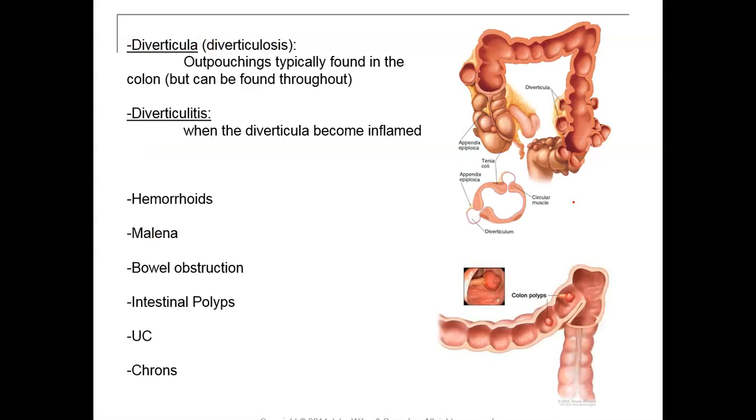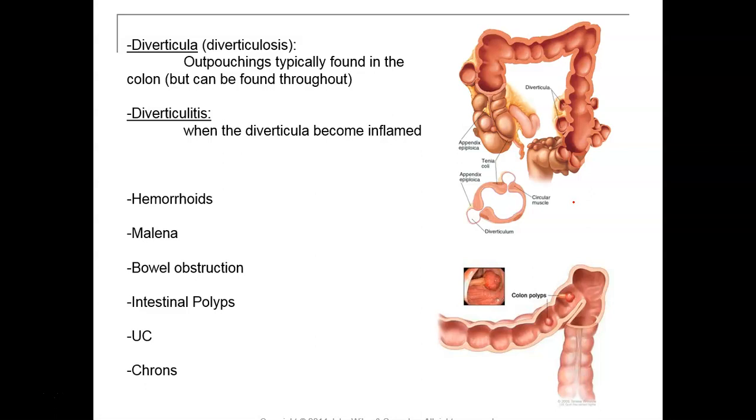Now, these are just some of the more common issues we might see in the GI tract. We see diverticula. With diverticula, in and of themselves, they are not terribly problematic.